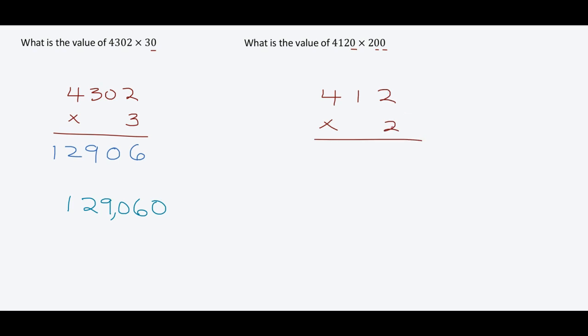So 2 multiplied by 2, we have 4. 1 multiplied by 2, we have 2. 4 multiplied by 2, we have 8. So now we have to account for the 3 zeros at the end. So we have our multiplication result, and then we attach the 3 zeros, and we can put a comma here.